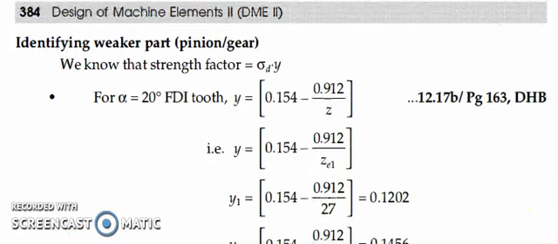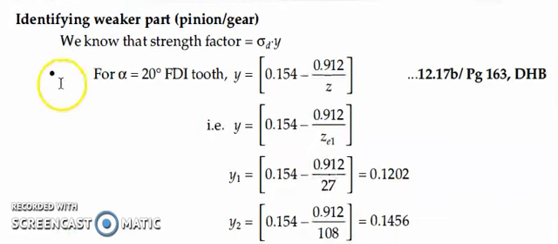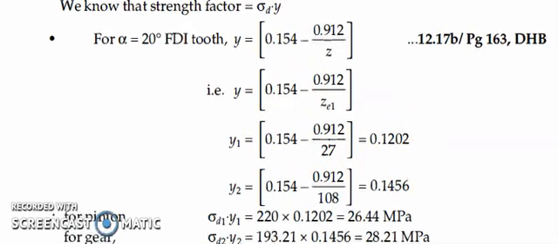Then next we have to design for pinion or gear, so we have to identify which one is weaker. Using the strength factor equation, that is sigma d into y, we can find the value, and the value of y is directly given in the data book, that is 12.17b. Using this equation we can find the values y1 and y2.